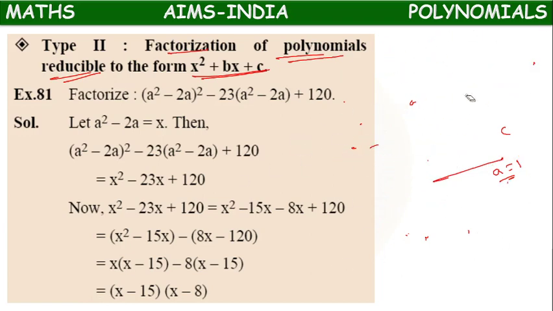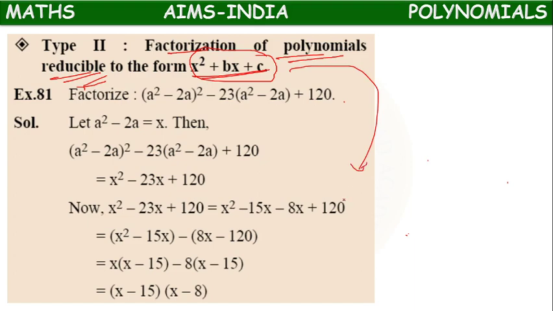It means the given expression is not in the form of x square plus bx plus c, it is in another form. We are reducing it to the form of x square plus bx plus c, so that according to type 1 we can solve.